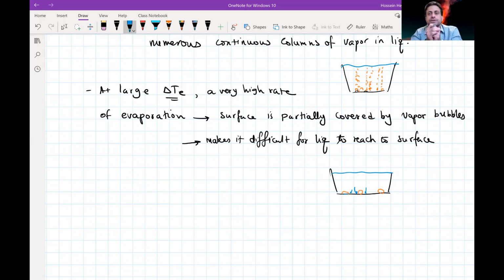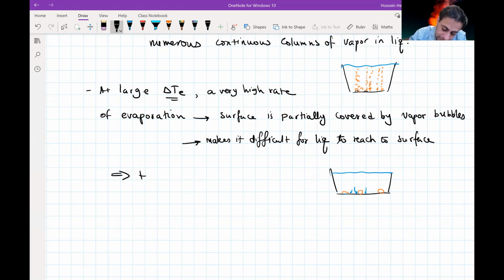It just stops. It cannot really increase the flux from the surface to the liquid, because the vapor, if it attaches to the solid, has a lower conductivity and acts like an insulator. So we reach a maximum for the heat flux.